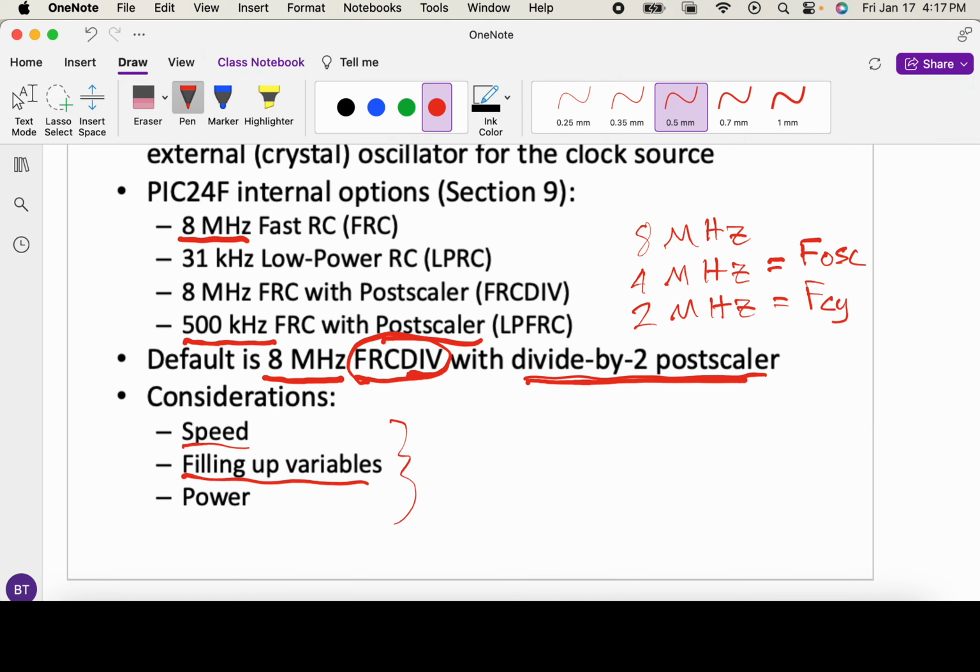Also, if you will be using timers and counters in your application, and those things increment as a function of the clock speed, maybe you don't want to fill up those variables so quickly if you don't need the precise timing, so you might want to use a slower clock for that reason. And power is probably the biggest one. Using fewer clock cycles consumes less power.